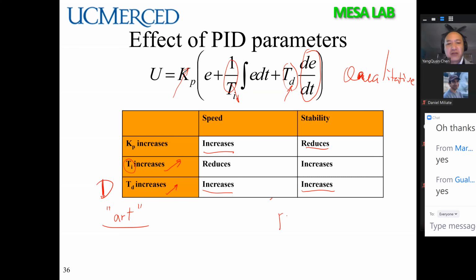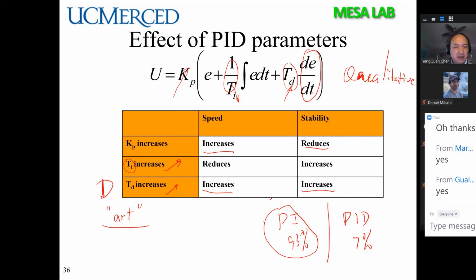That's why in industry, a survey said 93% of the controllers are PI and PID is 7%, because the D has more requirements to tune it. So lots of people simply do PI.